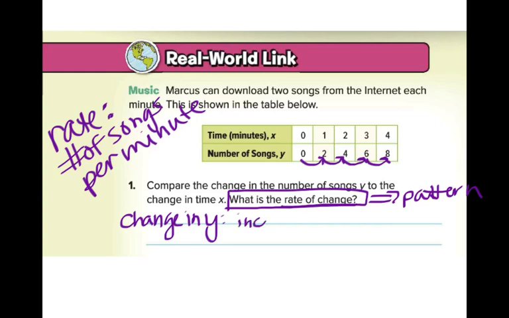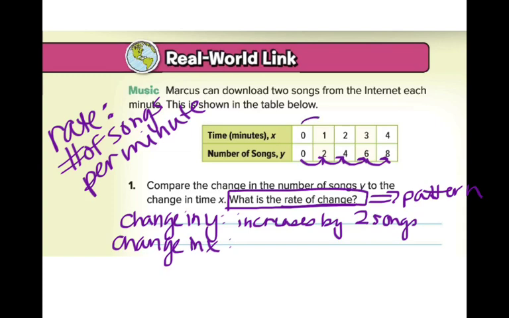So we would say increase by 2 minutes. Oops, excuse me. It's not minutes, Y is songs. Okay, so each increases by 2 songs. Then we're going to look at the change in the X. We look for our X from one to the next. Are they increasing or are they decreasing? They are increasing by 1 minute.